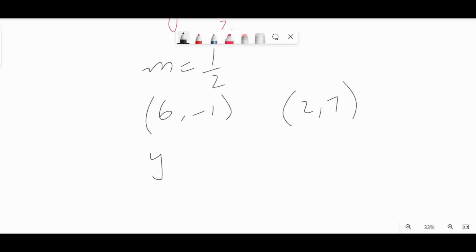This will be the first equation of the tangent line.